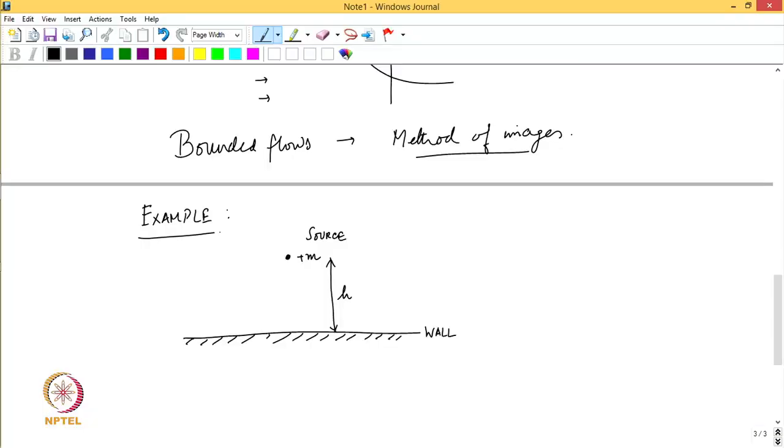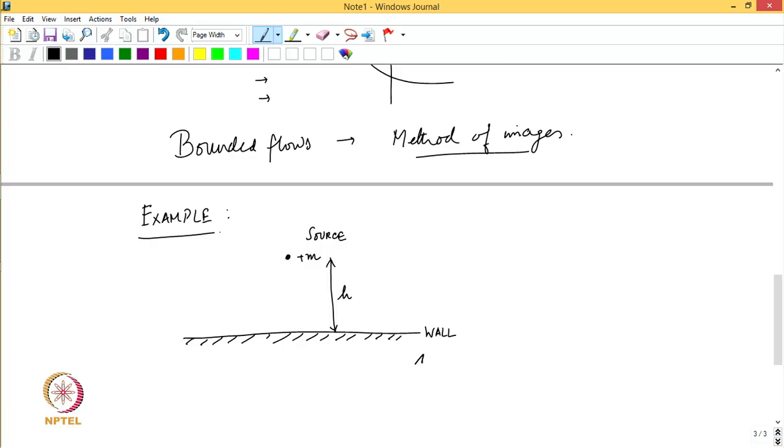So the thing that we exploit in such situations is that the wall, being a physical boundary and typically a stationary wall, basically means that the velocity component normal to the wall is 0. So if I say u_w dot n cap, this is 0 on the wall because there is no penetration through this wall, and the normal vector is, let us say, this.